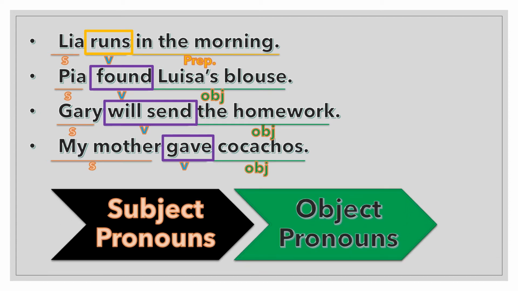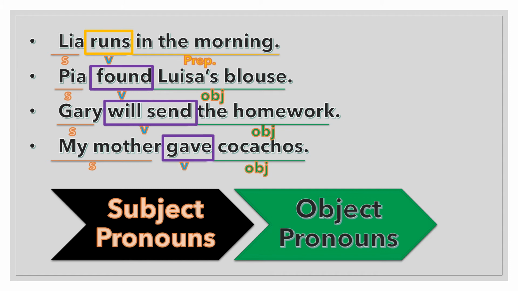And also, there is something that you have to remember, that we have subject pronouns and object pronouns. This is the reason we have two different types of pronouns. The subject pronouns go in the subject position. If you want to replace Leah, for example, you will replace it for she. If you have to replace Pia, you will replace it for she.